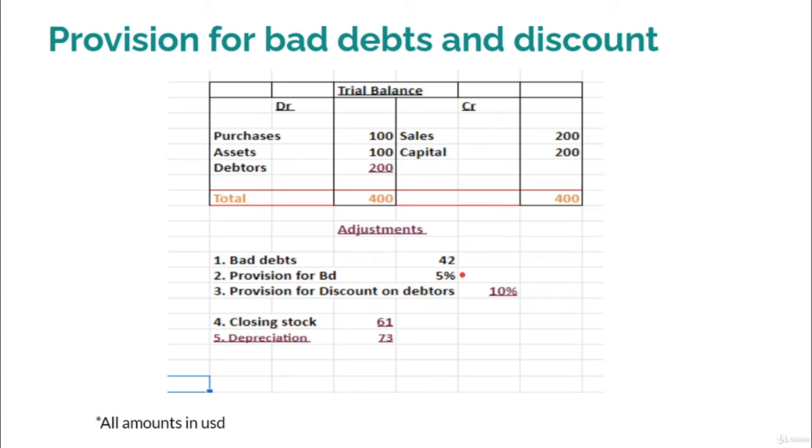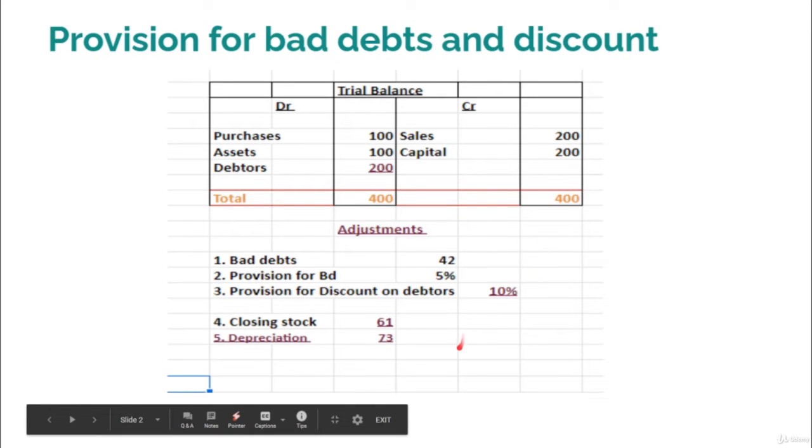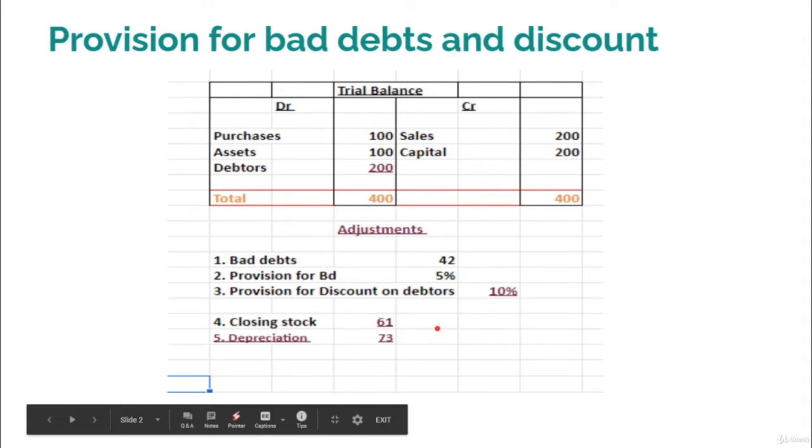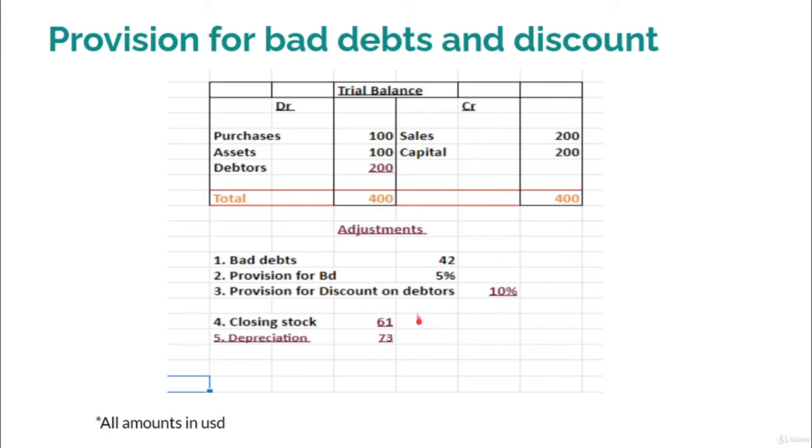That is, we'll be examining the final accounts with various values of these adjustments. Now we'll go to the Excel sheet and see the effect of changes in these adjustments in the P&L account and balance sheet.